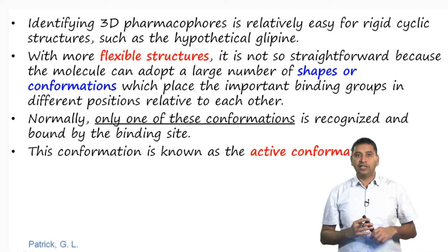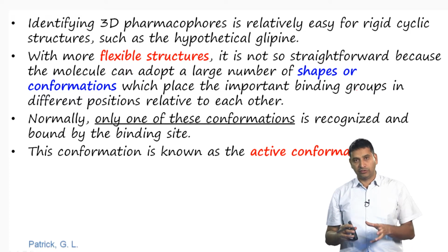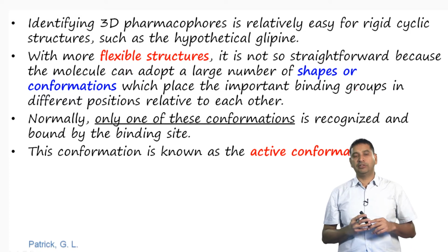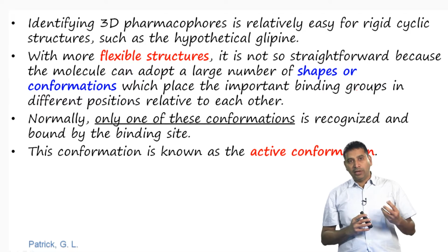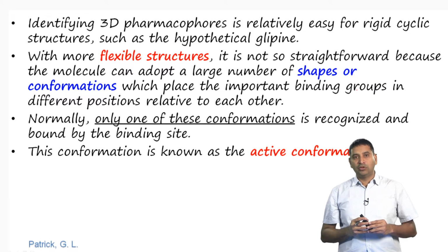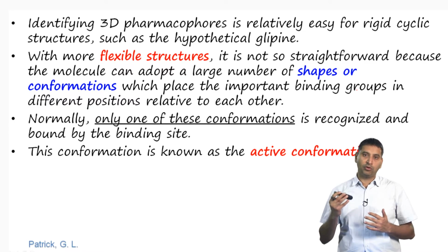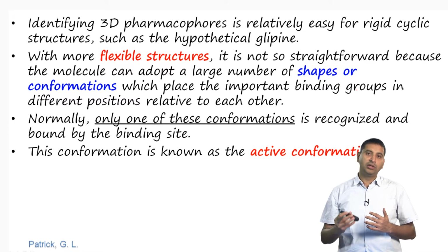So, identifying 3D pharmacophores is not very difficult for rigid cyclic structures, for example, the glipine example that we looked at. But when you have flexible structures, then the problem is not as straightforward, because what happens, as we know, is that there is going to be a large number of shapes or conformations that the molecule is going to possibly take up.